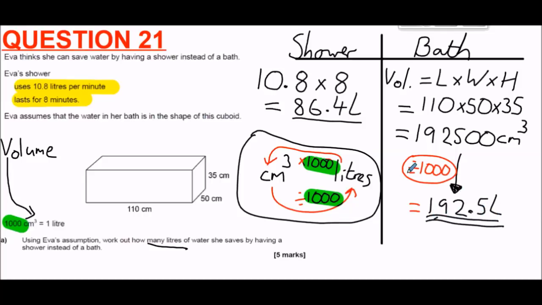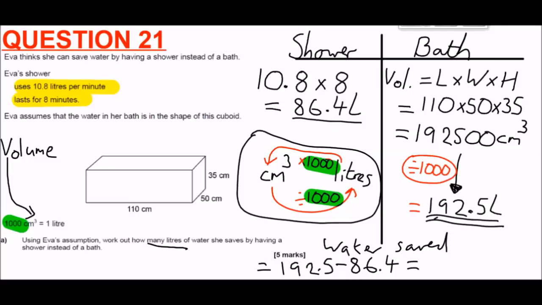And so here we need to compare how many litres of water she saves, assuming that her assumption is correct. So a shower would use less than a bath, and so the water saved will be the difference between these two amounts. So the water she'd save would be 192.5 in the bath, subtract 86.4, which is what she'd use by having a shower.